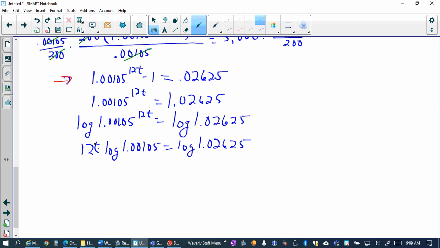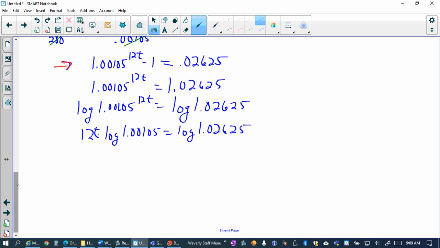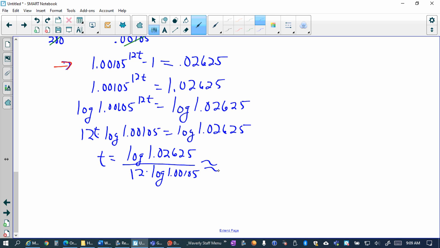Now we'll divide both sides by 12 log, so we get t equals log 1.02625 over 12 log 1.00105. Now let's see if we get a more reasonable answer.